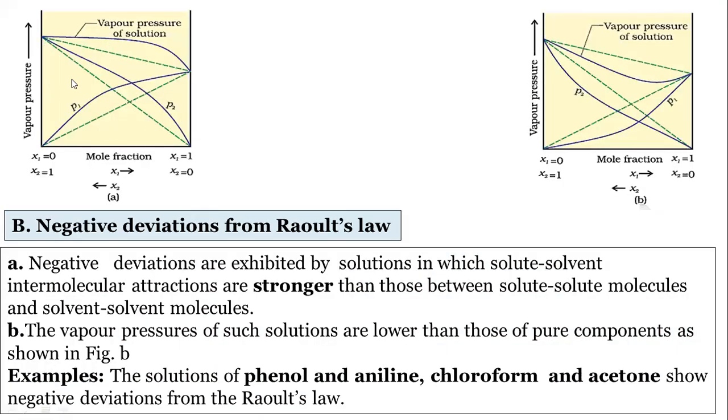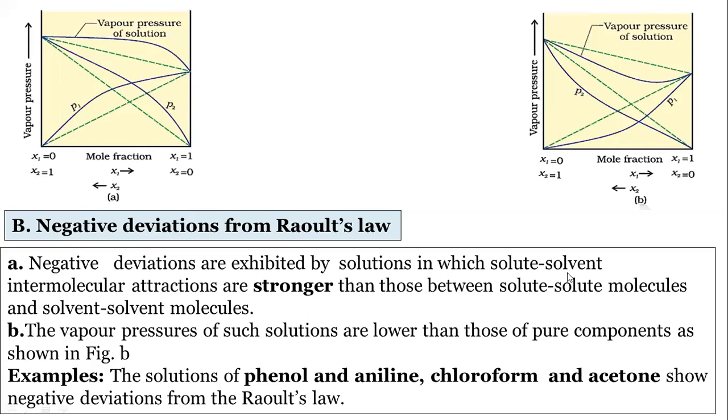So these are the positive deviations, and the negative deviations are exactly opposite. We can see these diagrams are totally opposite. Negative deviations from Raoult's law, I will explain. The negative deviations are exhibited by the solutions in which these interactions are stronger. Which interaction?